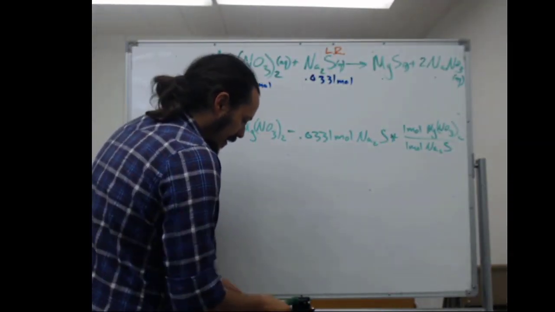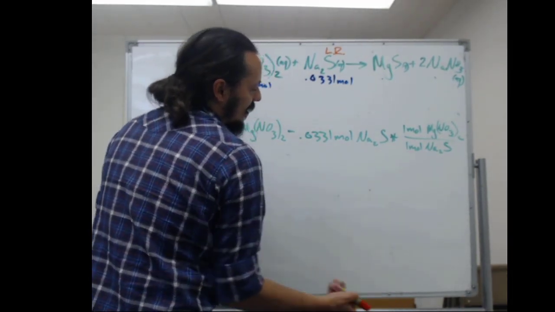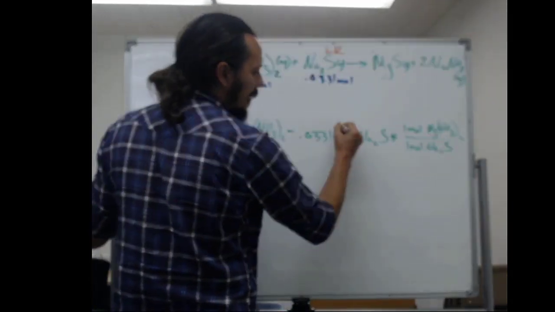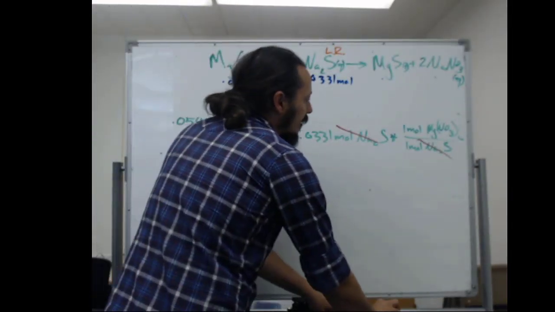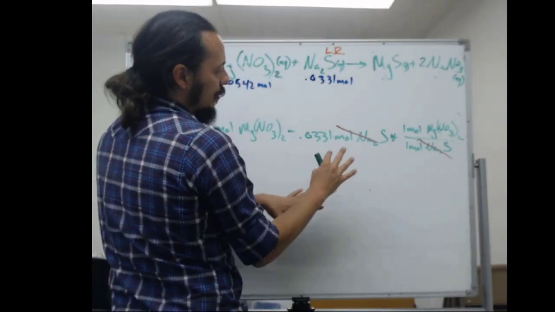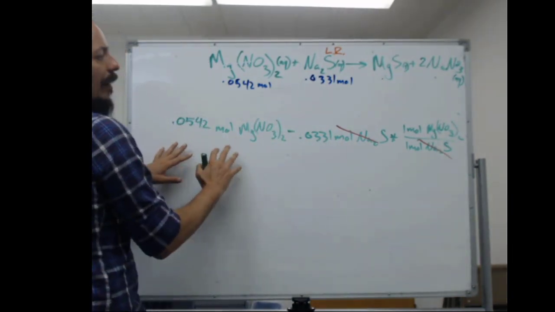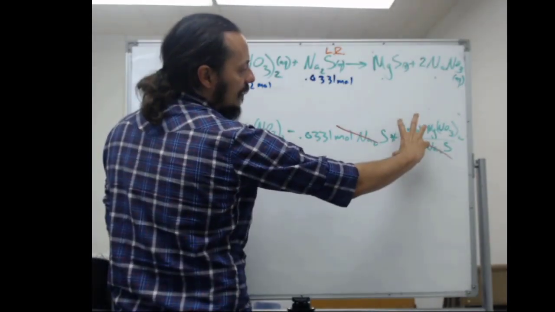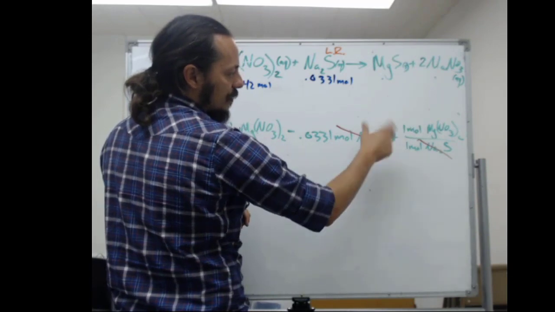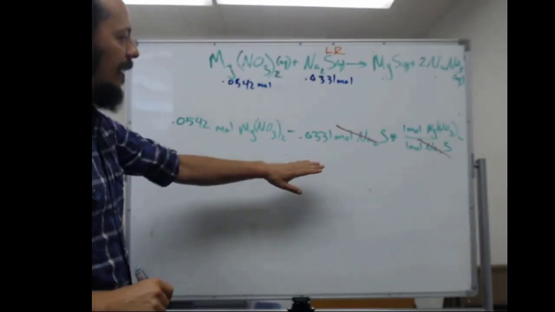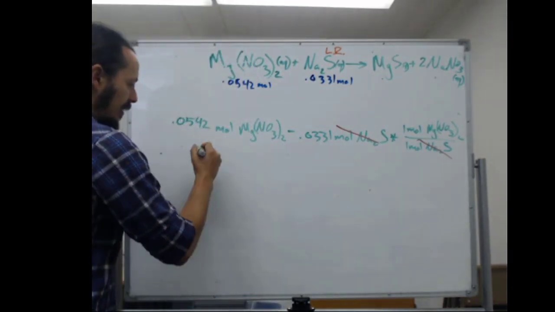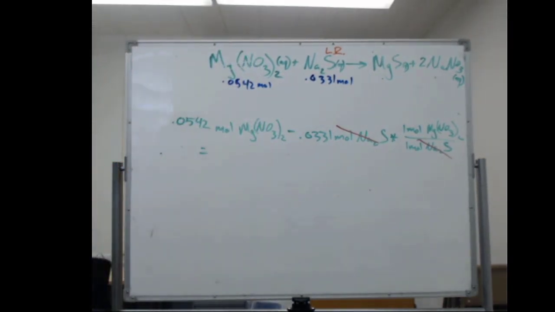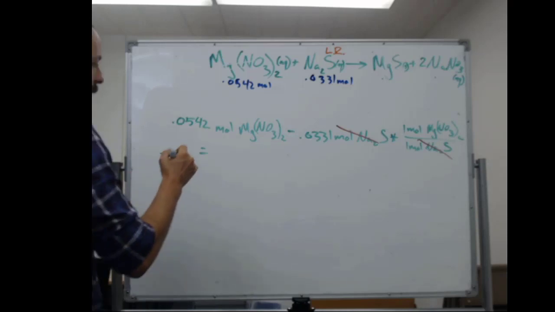But in terms of unit analysis, and what I say is in terms chemically, what we're doing is we're using our chemical reaction, our recipe, to figure out how much ingredients we're going to be using for our other compounds. So this allows us to change which component we're thinking about. Now this is going to be moles of magnesium nitrate minus moles of magnesium nitrate, and that will give us how much magnesium nitrate is left over.